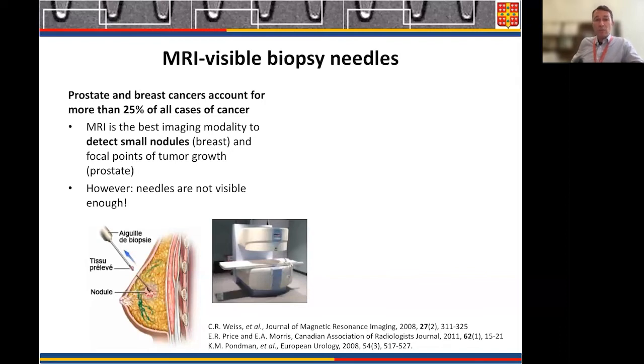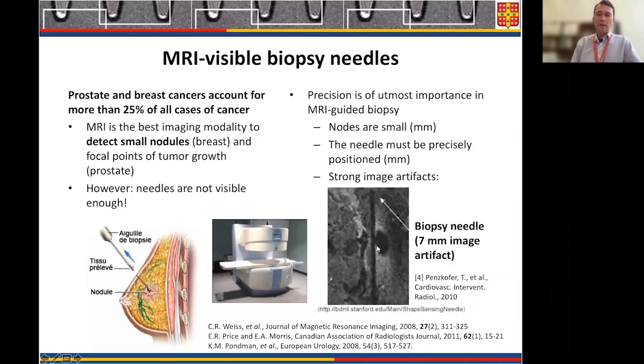One of the reasons why biopsies are not very often performed with MRI is the lack of precision of biopsy needles visible in MRI. So usually biopsy needles are made of stainless steel, and stainless steel causes a very strong image artifact.